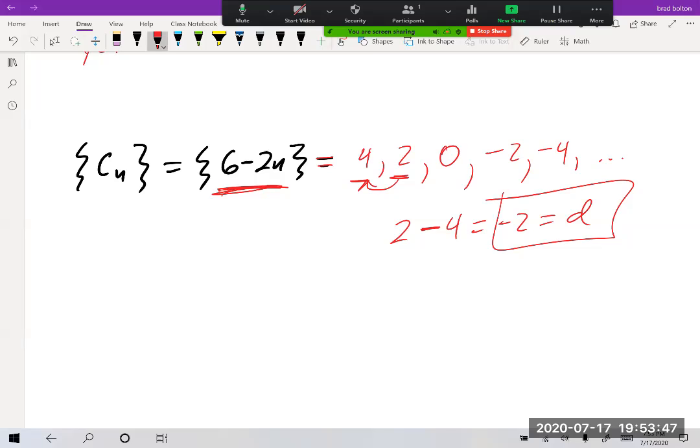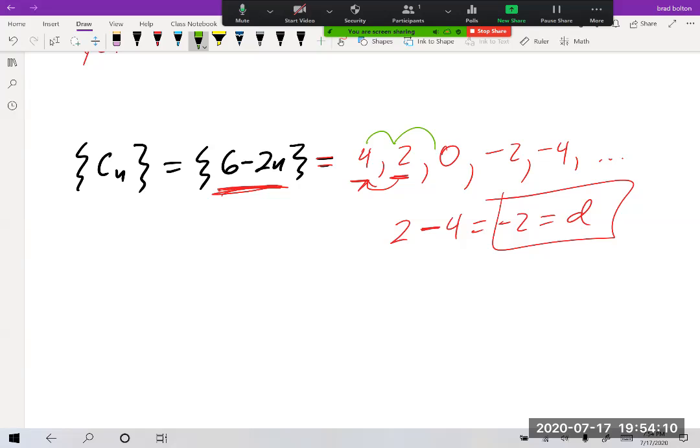And now how do I know it's arithmetic? Well, that means that I should be able to take any two terms, this one and this one, and when I subtract them, I should get negative 2. Or this one and this one, and when I subtract them, I get negative 2. Whenever you subtract any two consecutive terms, one term minus the term that came before it, you should get the same common difference. Or you could just look, to go from here to here, I had to subtract 2.